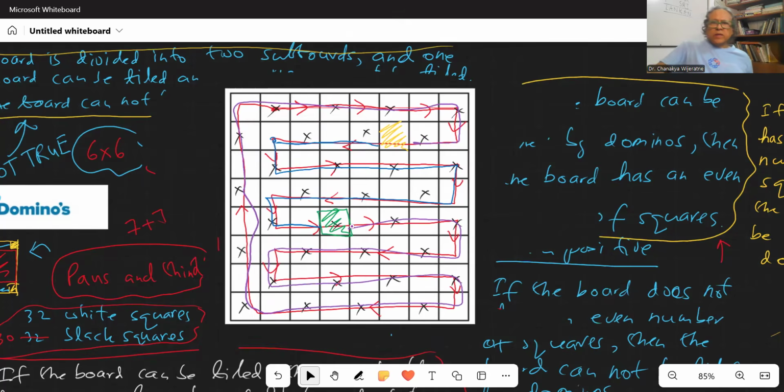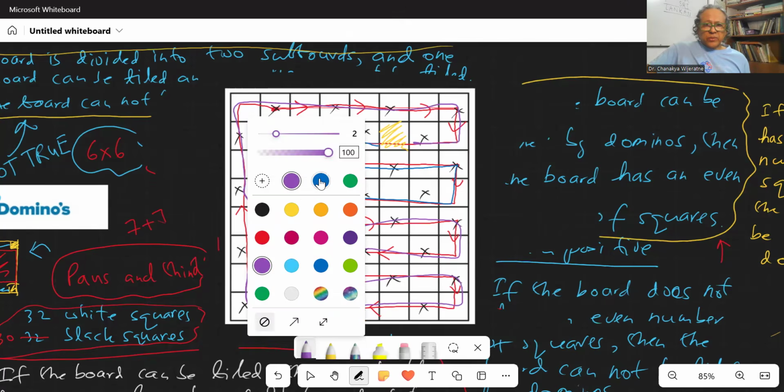So you can see that the blue part and the brown part are actually two subboards, and each subboard can be tiled. Now I'm going to leave it to you to see why. Let's color the board in blue.